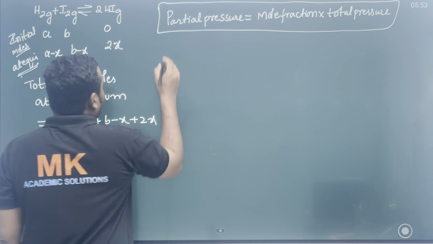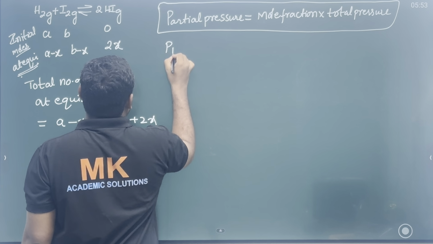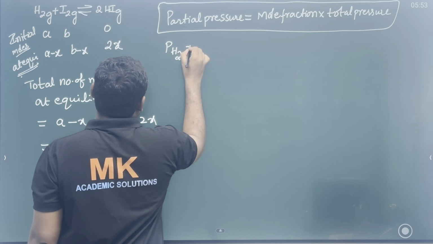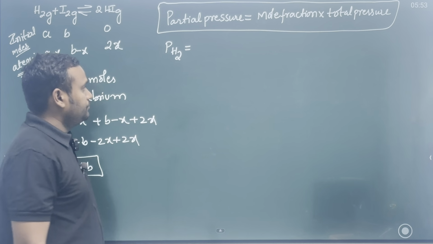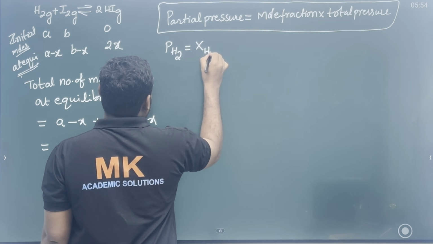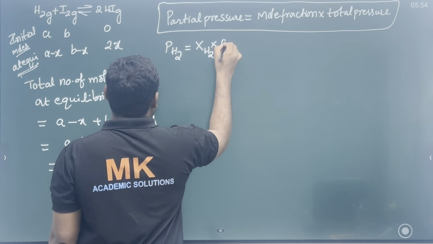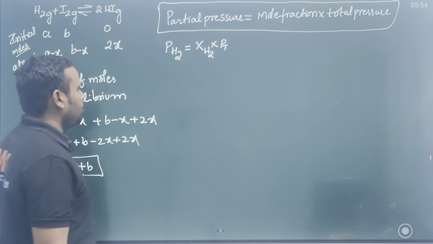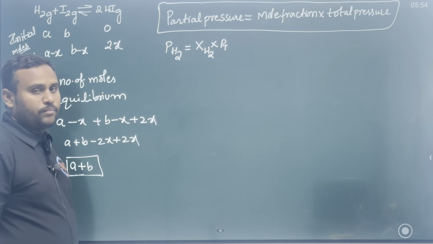Therefore the partial pressure of H2 will become what? The mole fraction of H2 into PT, the total pressure. So what is the mole fraction formula?